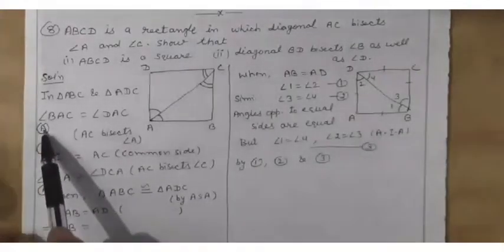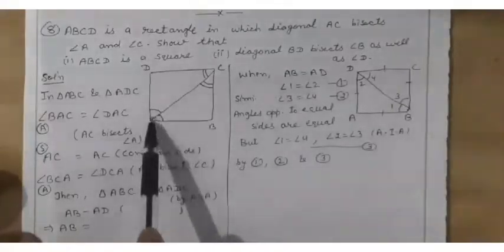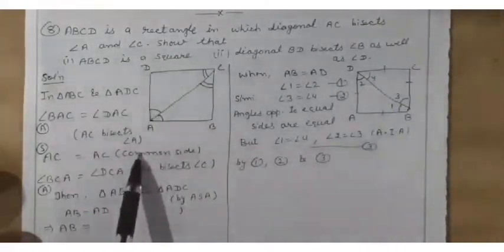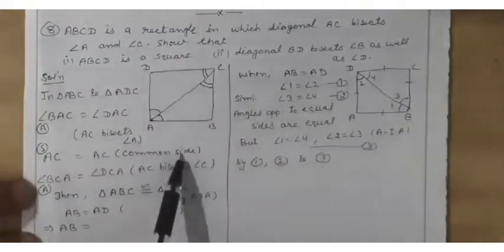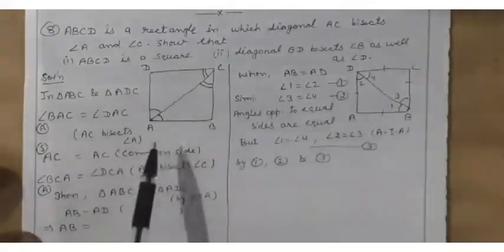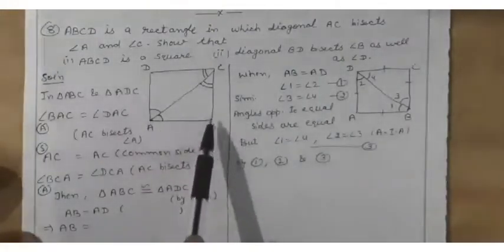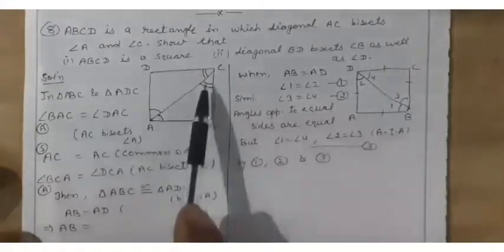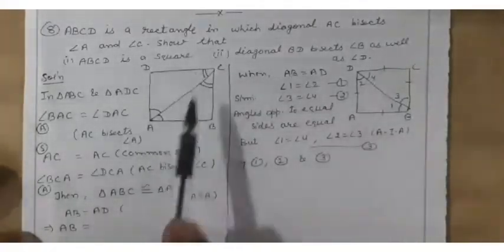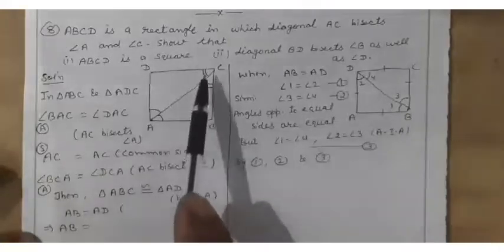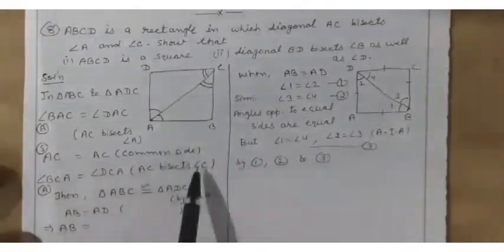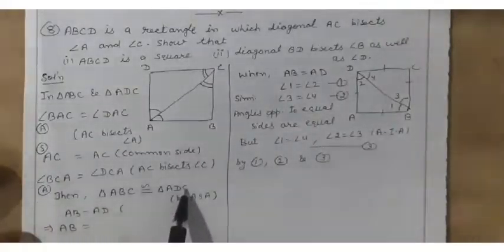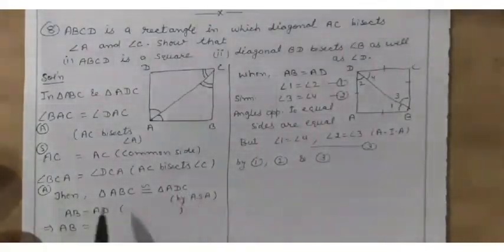You write here A. And AC equal to AC due to common side. This is the common side. And take this side here, angle BCA and angle DCA. Both are equal. Again, what is the reason? AC bisects angle C. Then you can say triangle ABC is congruent to triangle ADC. Both are congruent to each other.